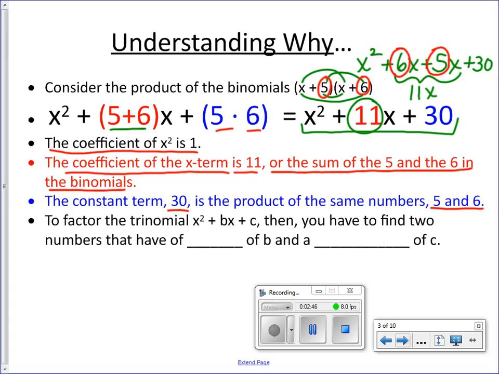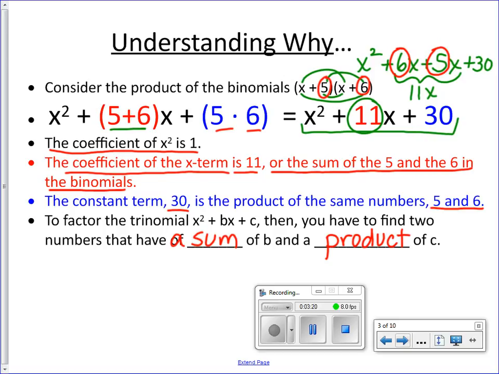In other words, 5 times 6 gives you 30. So, to factor the trinomial x squared plus bx plus c, you have to find two numbers that have a sum of b, our b in this case was the 11, and a product. In other words, you multiply them together in order to get c.